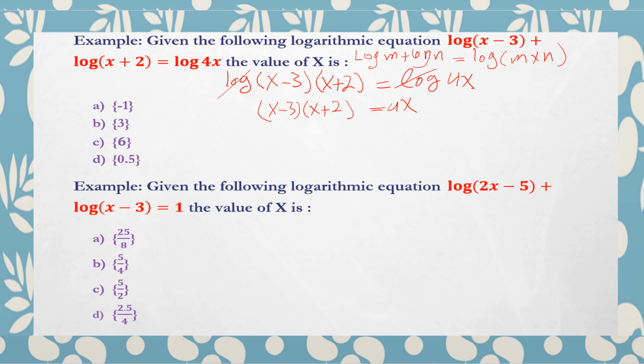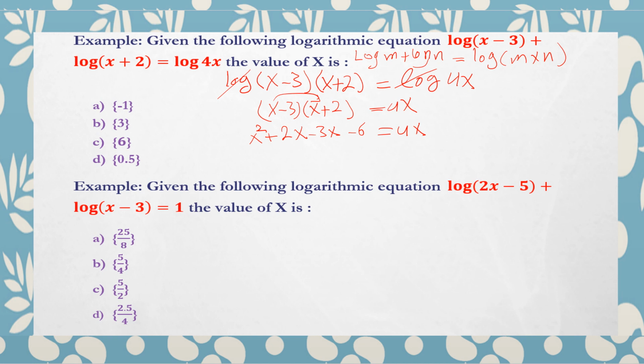quantities, we get x squared, x times x, x squared, and x times 2, 2x, minus 3 times x, minus 3x, and minus 3 times 2 gives minus 6. This equals 4x.